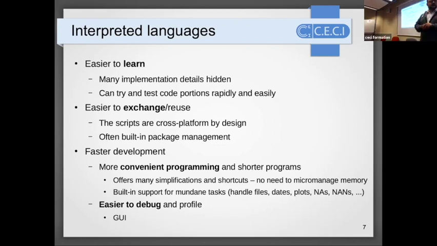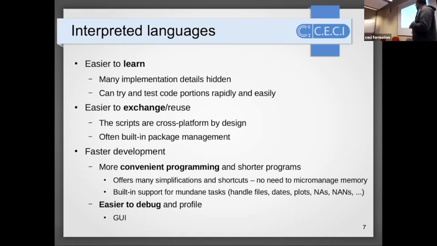They also allow you, sorry, to try and test your code easily, because you don't need to go through the whole compile cycle to get your result. You just run the interpreter and then you launch some commands and you directly see the output.